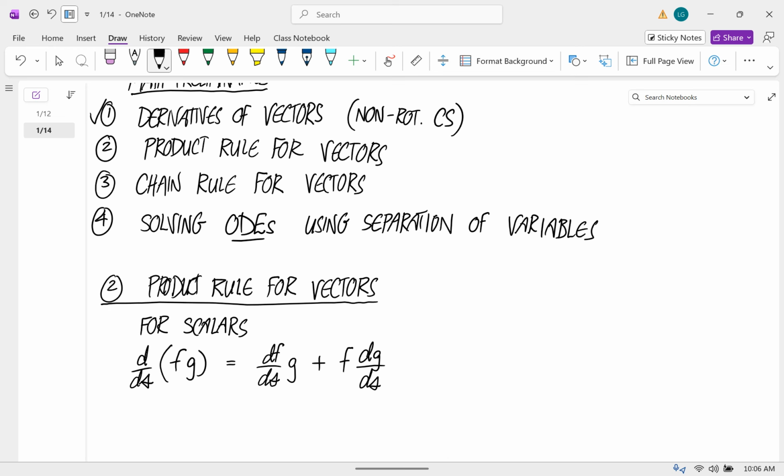You've seen that a million times, maybe not in exactly that form. But that's how you do the product rule.